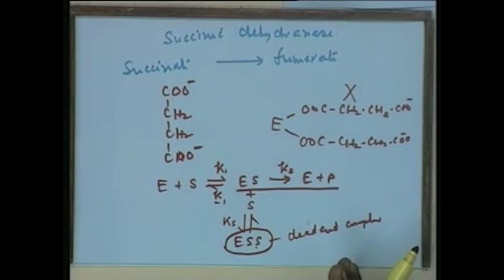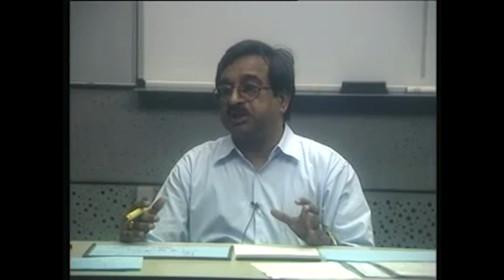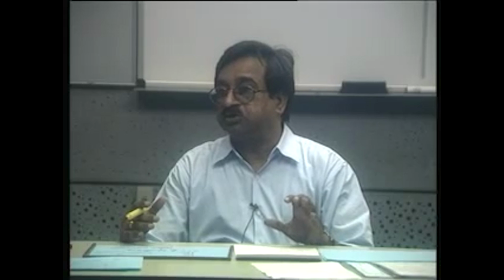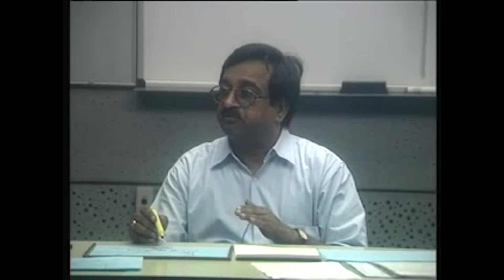That means at the saturation level you are assuming that all the enzyme is bound to the substrate, but essentially all the enzyme is not bound to the substrate as productive complex. Here it starts falling.